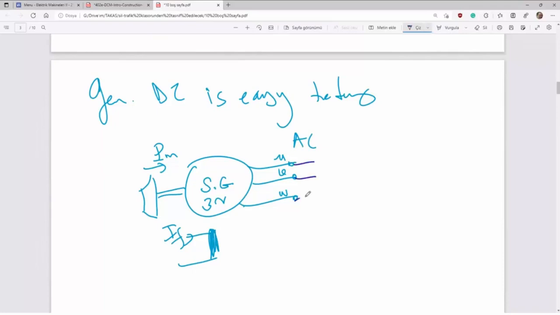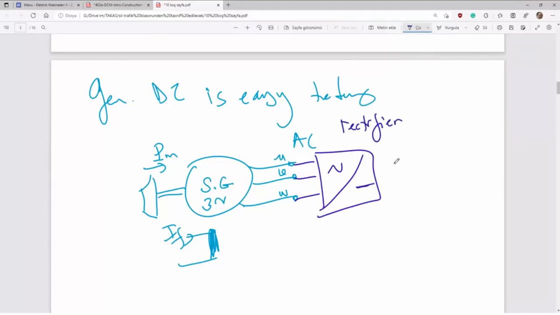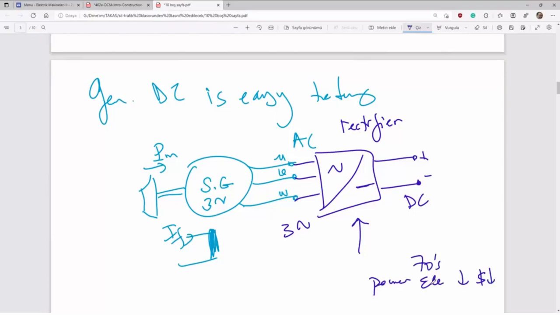For example, by using a 3-phase rectifier, you can convert that 3-phase AC into DC. And it will be easier after such an enhancement in power electronics. After the 70s, power electronics gets cheaper and cheaper.